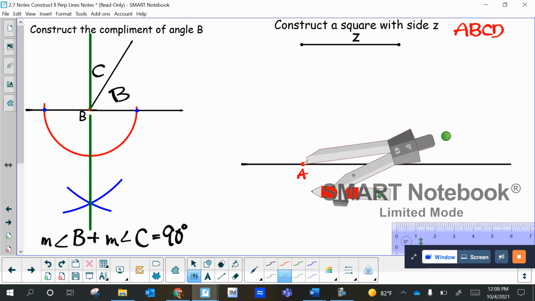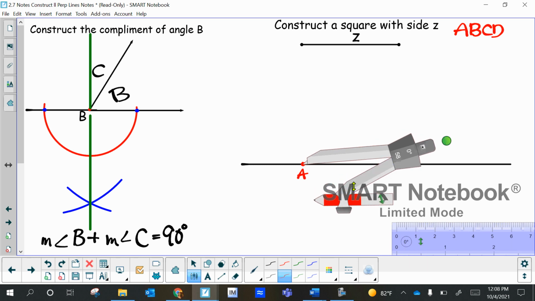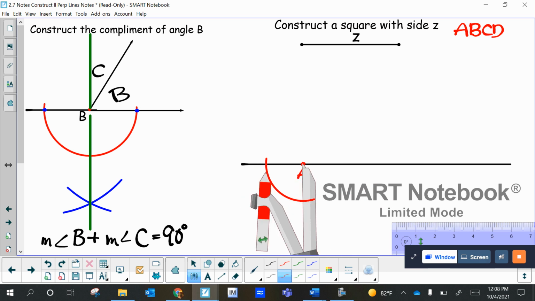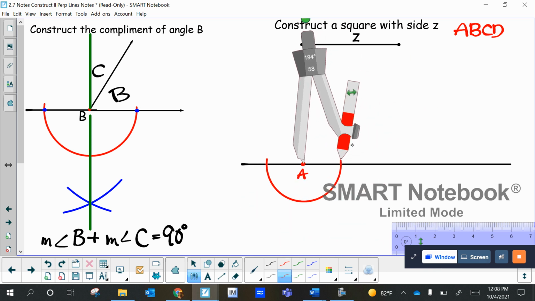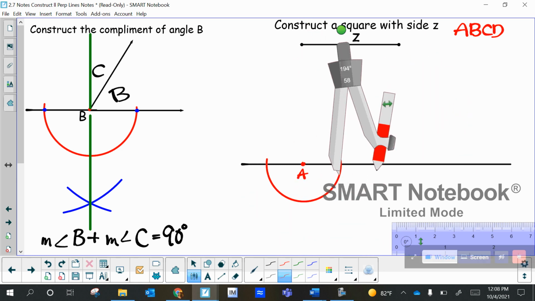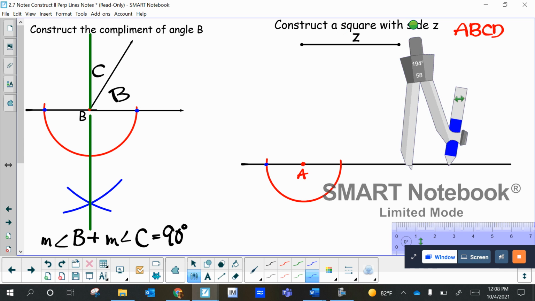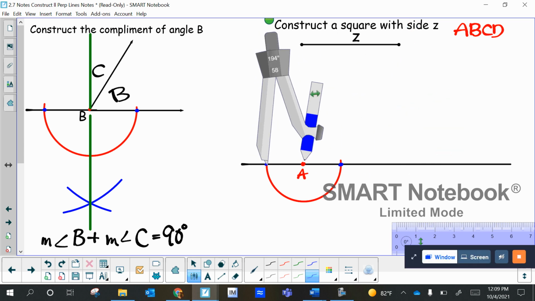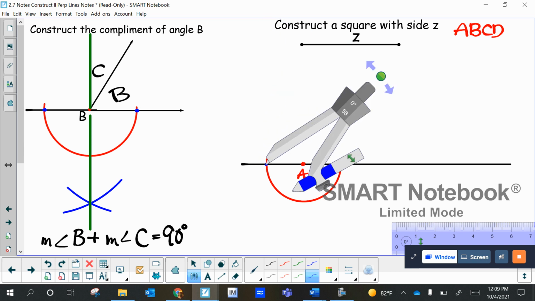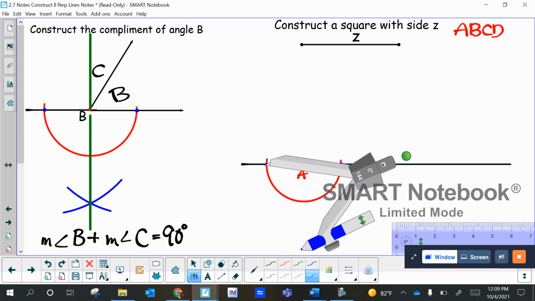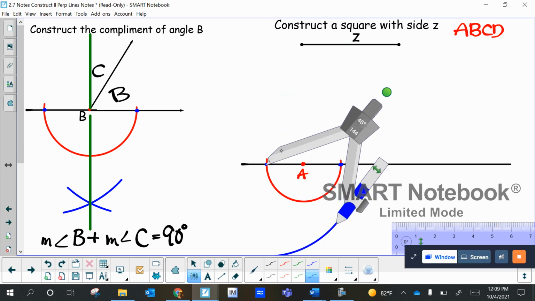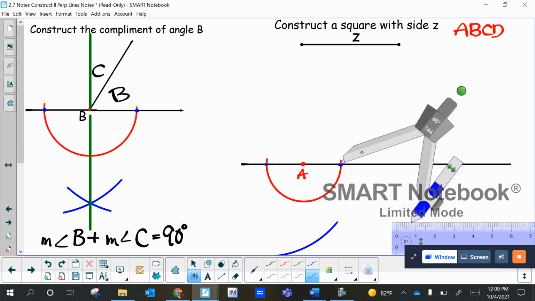And it's actually gonna be similar to what I just did a second ago. I'm gonna make a big arc like this. And I'm going to make those 2 blue points so I can make my intersection down below. And again, you can make the intersection point above the line.